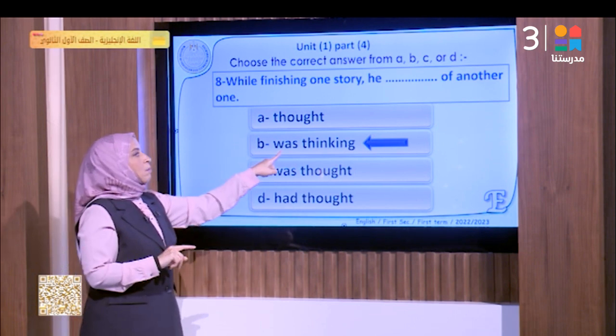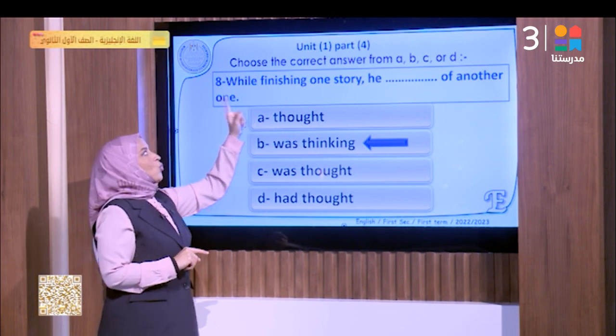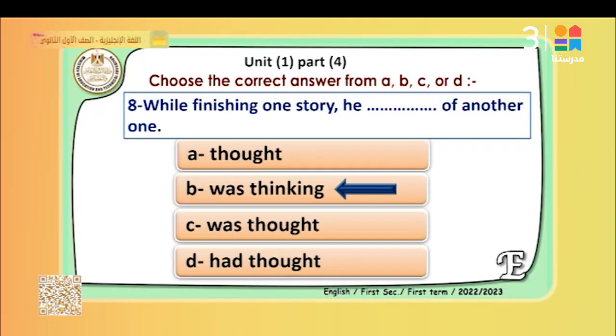We use the past continuous in both tense. While finishing or while she was finishing she was thinking. طب ليه هنا احنا استخدمنا finishing من غير was؟ علشان هنا مفيش subject بعد while. اوكي لو كان في هنا subject كنت هستخدم was finishing while he was finishing، لكن هنا عشان مفيش subject فانا قلت while finishing على طول.